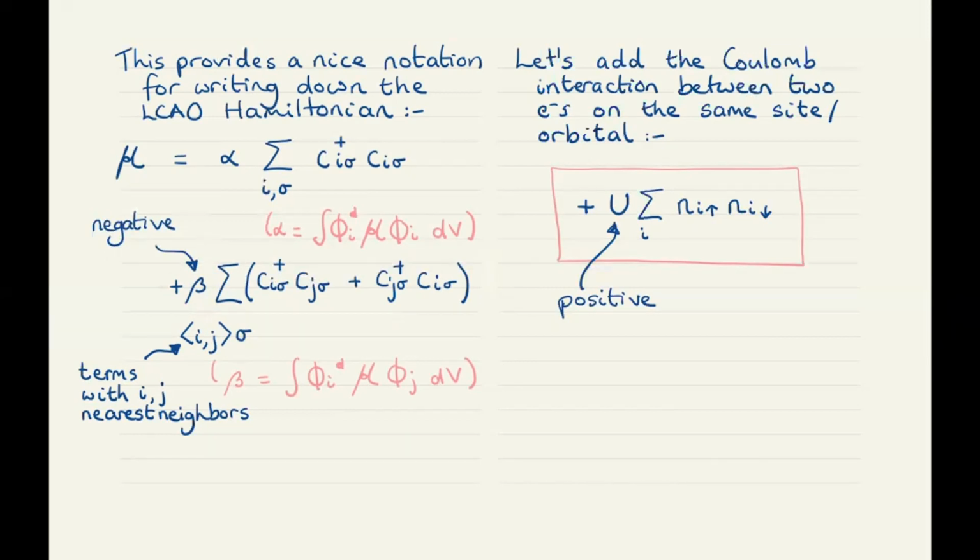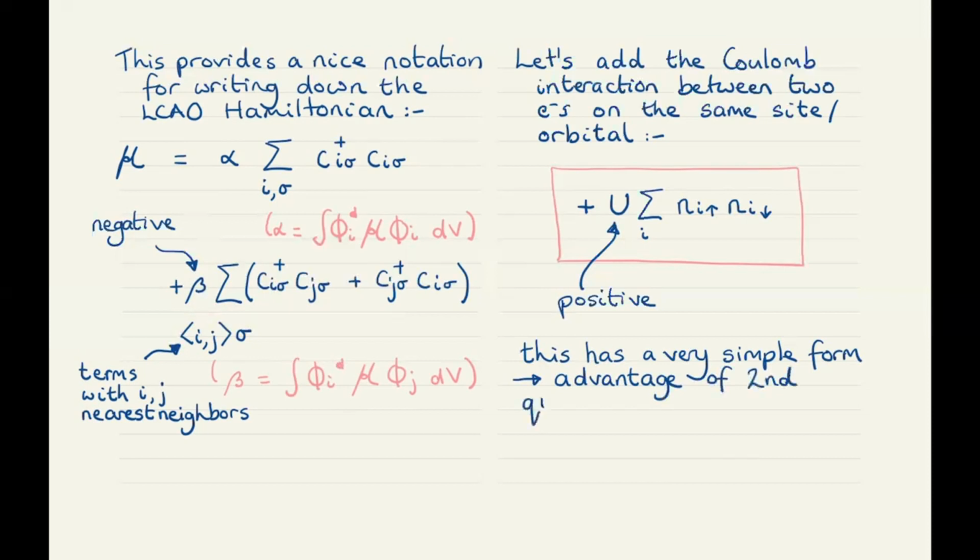So this has a very simple form. The Coulomb repulsion between two electrons is a very simple form and is the reason that we tend to use second quantized notation in systems where we want to explicitly describe the electron-electron interaction.